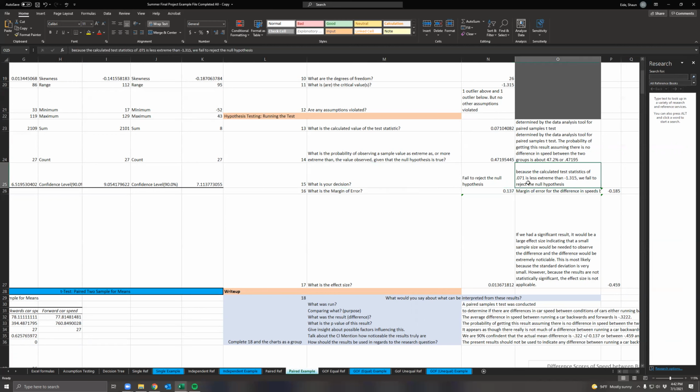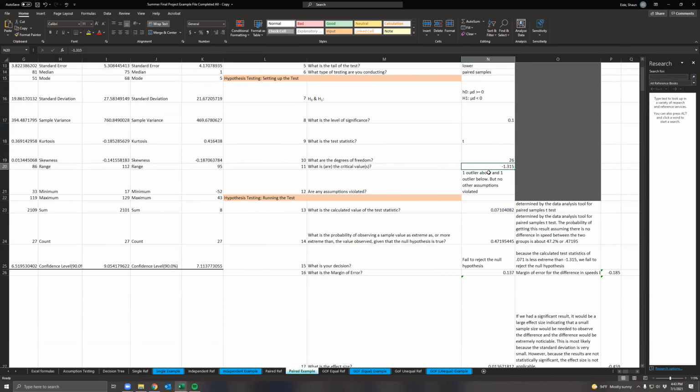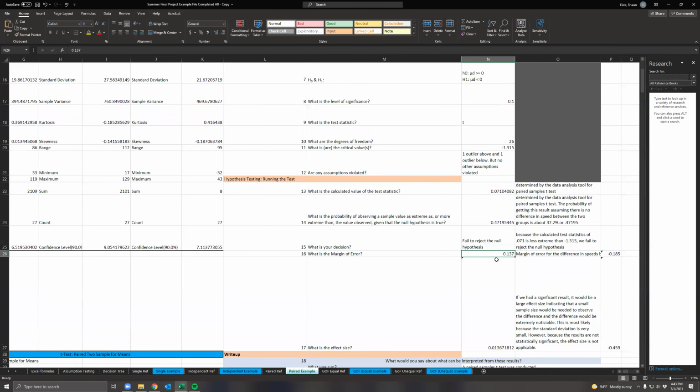We failed to reject the null hypothesis, and the reason is because this p-value would need to be less than 0.1, or this calculated value would need to be less than 1.315. So it would need to be less than this, or this would need to be less than 0.1. So we failed to reject the null hypothesis. And then, what's the margin of error?